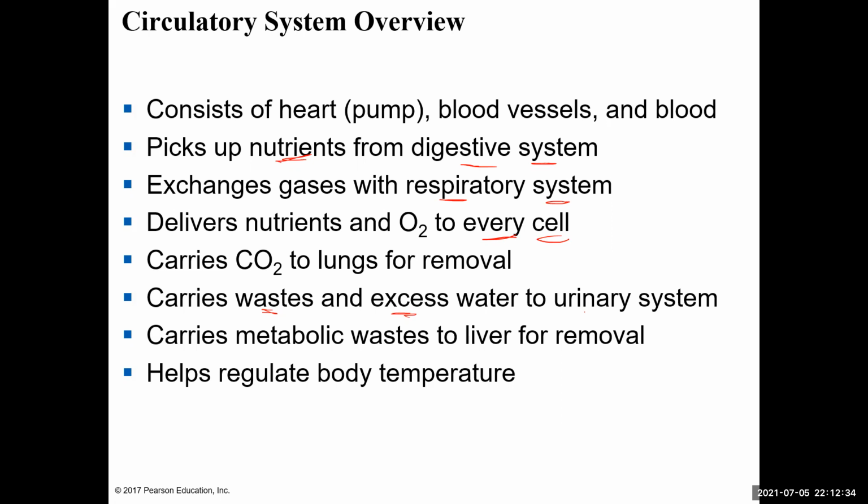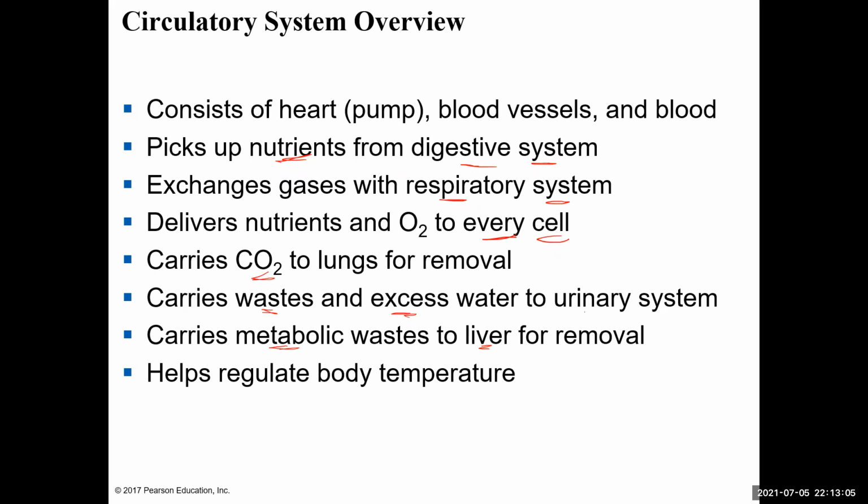And then the products of cellular respiration, one of which is CO2, will be transported to the respiratory system, the lungs, for removal from the body. And then there are also metabolic wastes, other products that are made during the process of metabolism, that will be transported to the liver so that it can be safely discarded from the body as well.